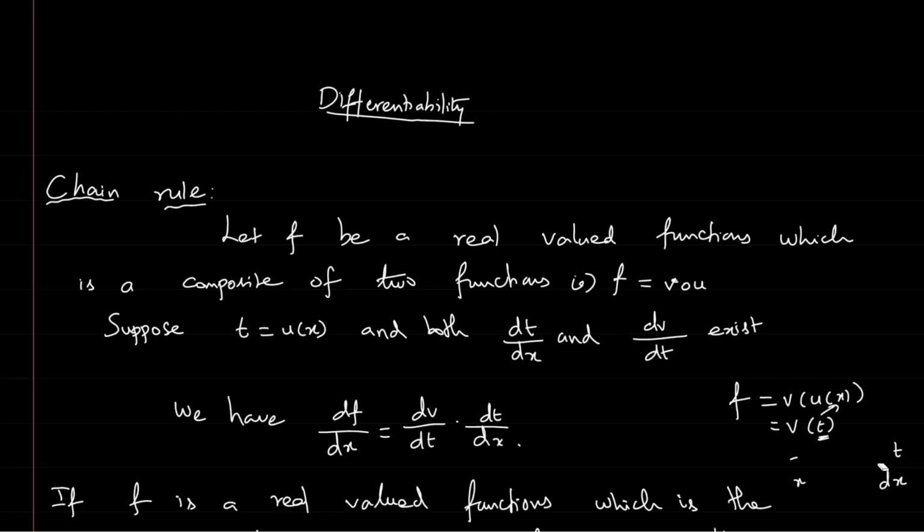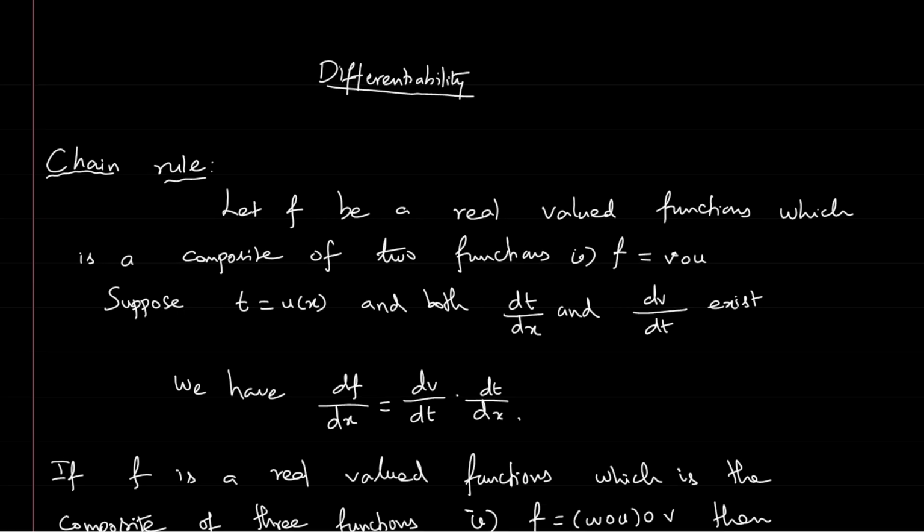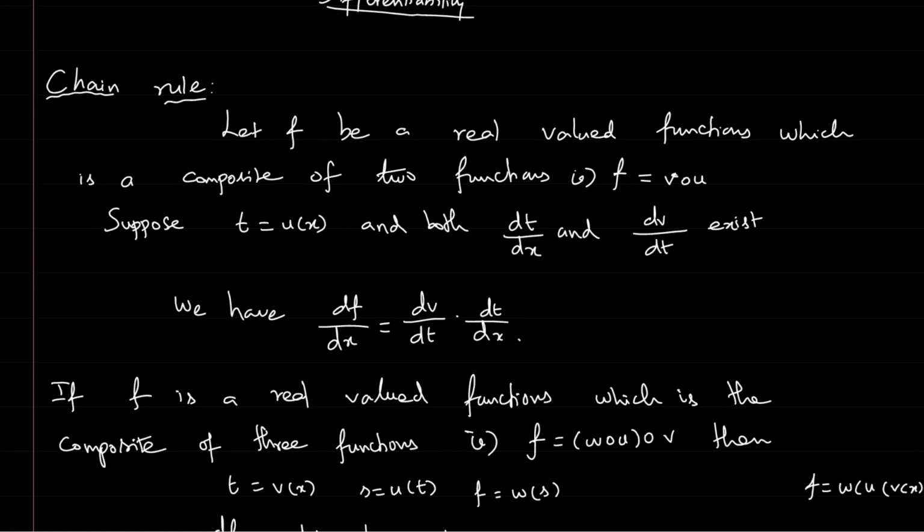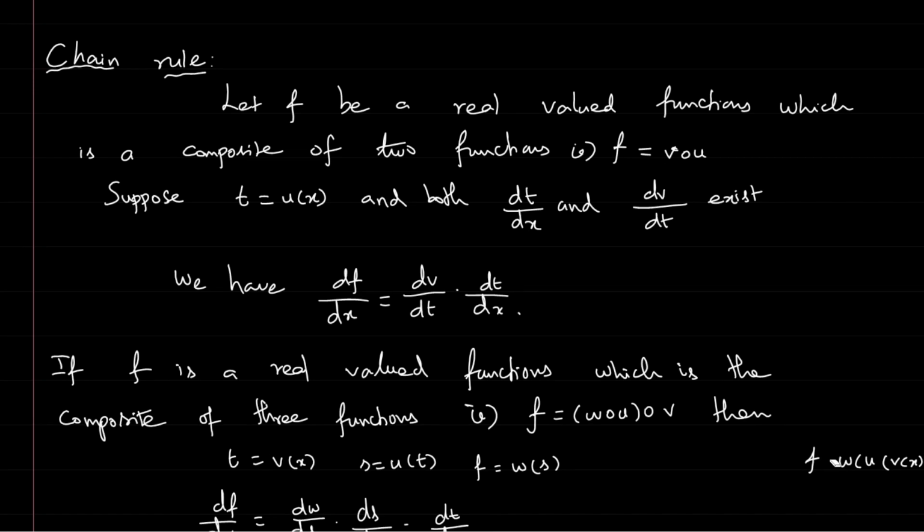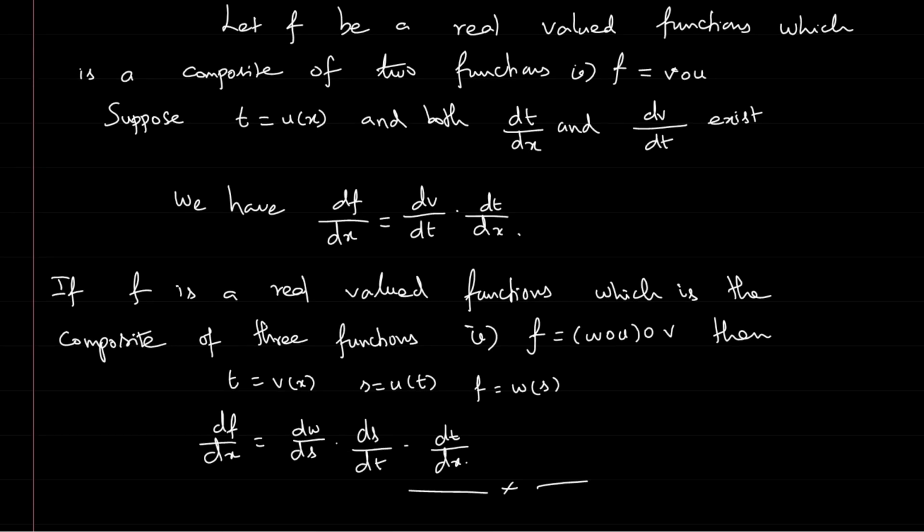Okay, now here we have f as a composite of two functions. Suppose f is a real valued function which is a composite of three functions, then what about the chain rule? So here f is equal to w composite u composite v, then we have to find.